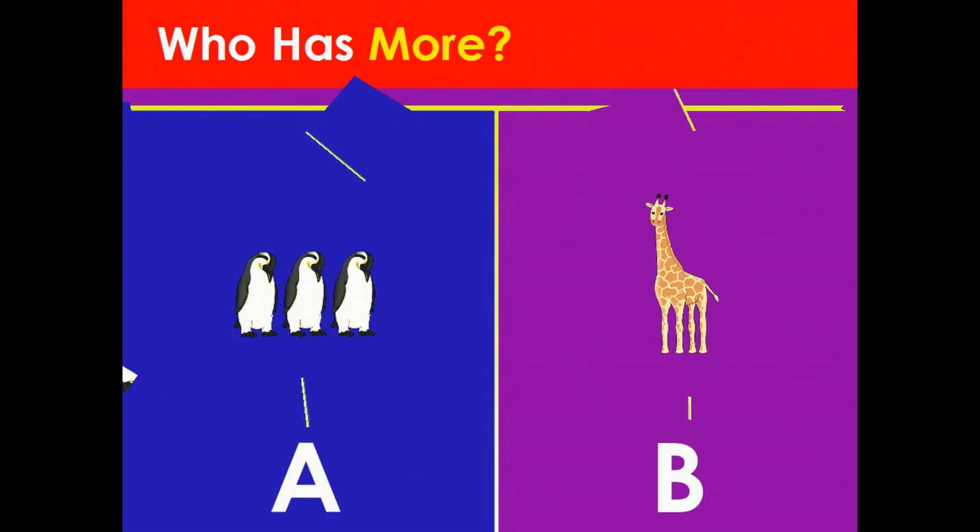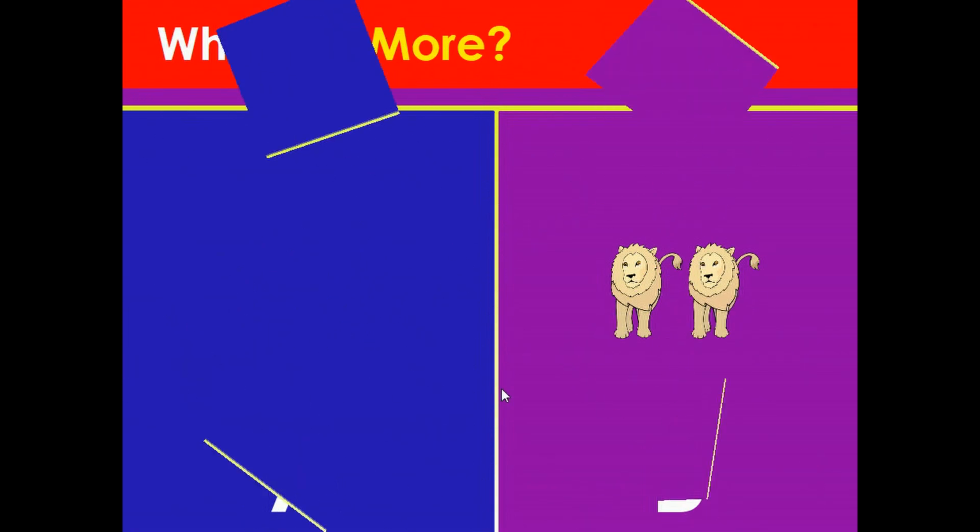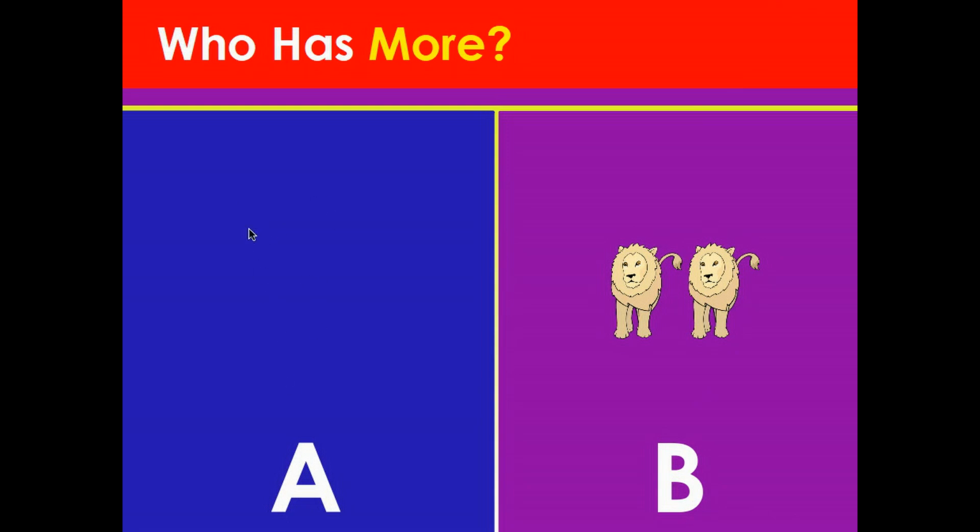And second, again, who has more? A or B? A, right? Because here you have three animals, here you have one. Next, there is no animal in A, but there are two lions in B. So who has more? B, yes? Good.